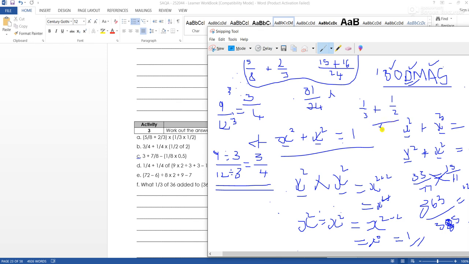So 6 divided by 3, it has to give you 2, plus 6 divided by 2, sorry, it's 3. So that will give you 5 over 6. So we've got 5 over 6.